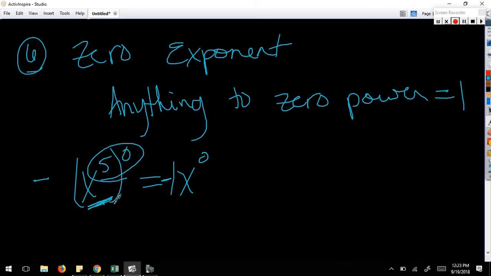Because these parentheses are here, this would be -1. But if you had this, that's 1. You see the difference? If the negative is on the outside, then the negative takes over.